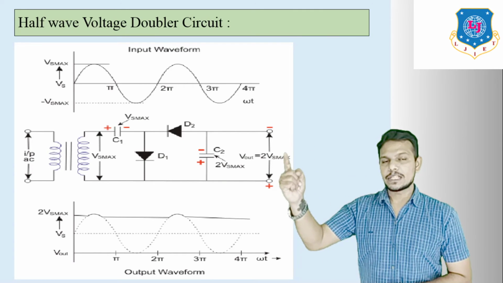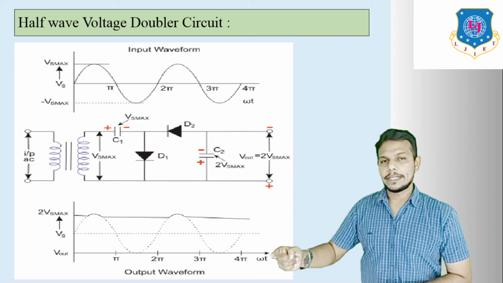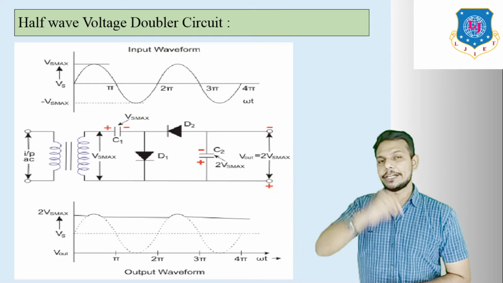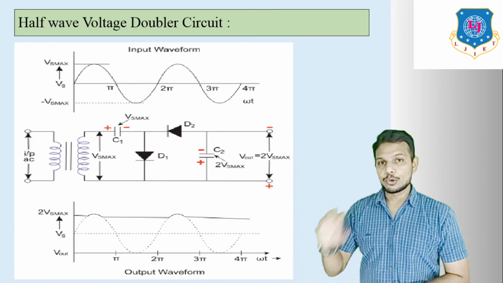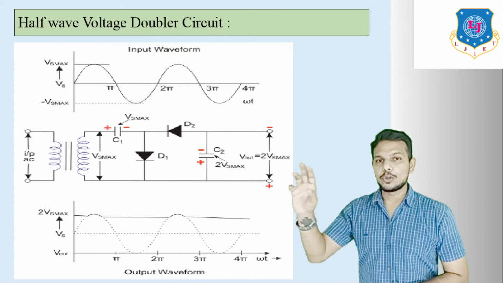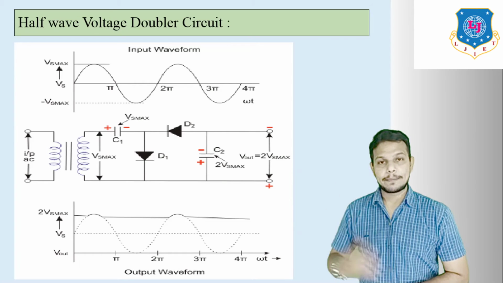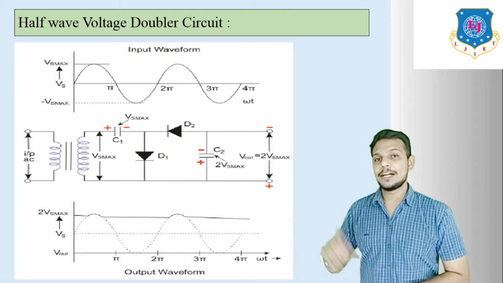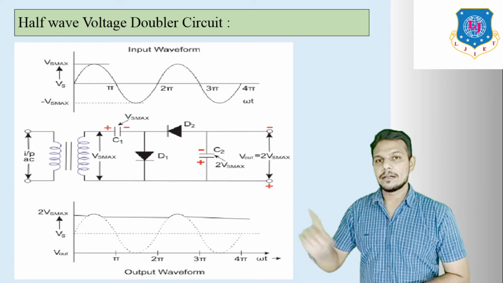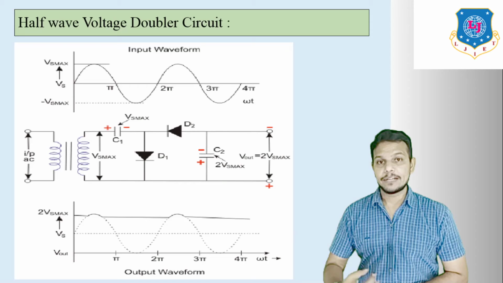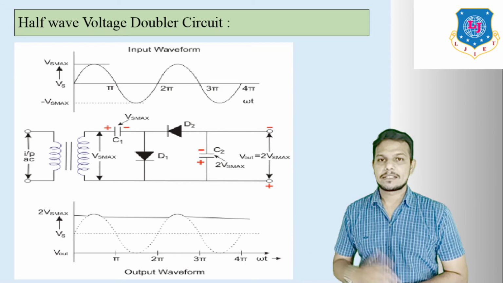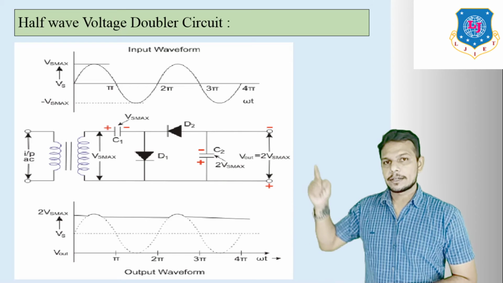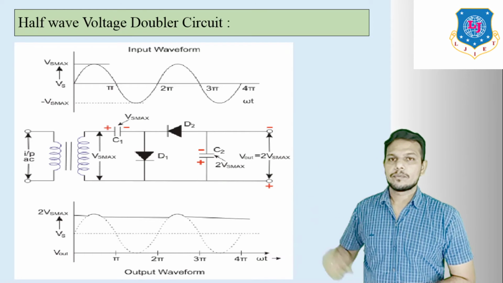One current flows downward to the diode D1 side, and another current flows toward the diode D2 side. Due to this, diode D2 becomes reverse biased, that means it is open circuited, and diode D1 becomes forward biased, that means it is closed circuited. So the current always flows from diode D1 to minus.